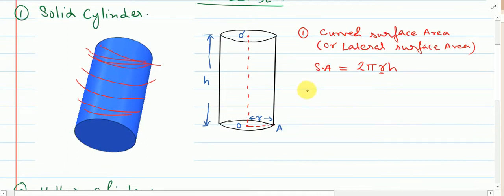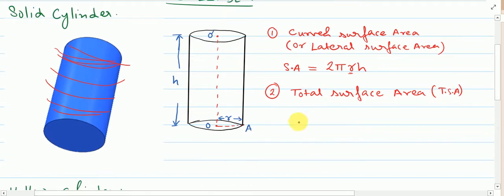Next, when I write total surface area, in short I'll write T.S.A. So total surface area is given by 2 pi RH, because when we are saying total surface area, at that time we are considering the area of this circle, that means top, and the area of this bottom, base.